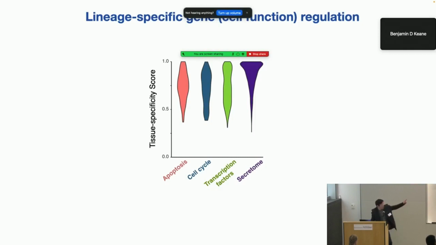Okay, so on the right is the secretome. This has the highest. This also includes cell surface proteins like CD3, CD4, CD8, right? So this has the highest tissue specificity. Of course, it's not surprising because we all use them as cell type markers, right?